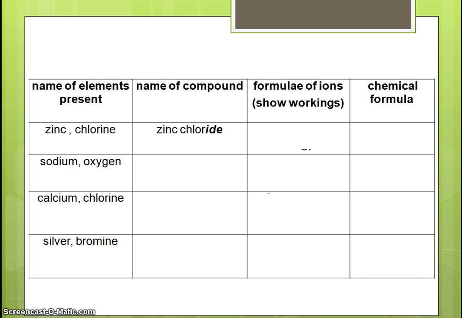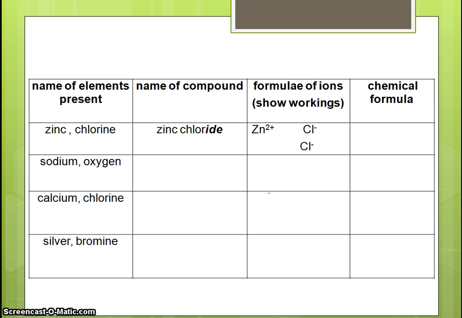For example, chloride ion formed from the element chlorine. Now, we write out the formula of the ions that are present. Your zinc ion, Zn2+, and your chloride ion, Cl-.